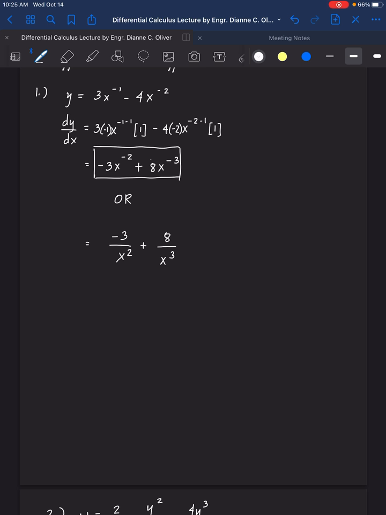If we have put this as parenthesis like this, then the answer will become 1 over 8x raised to 3, because 8 is included as raised to the power of negative 3. But since in our example, the one that has the negative exponent is only x, it's only the x which we are bringing into the denominator, so that the exponent becomes positive. So that is the final answer. So we have there 2 possible answers.